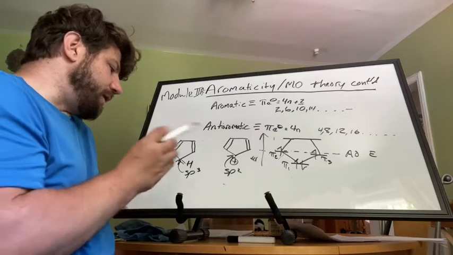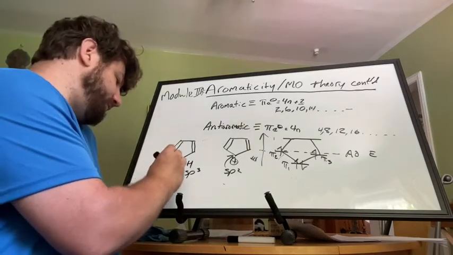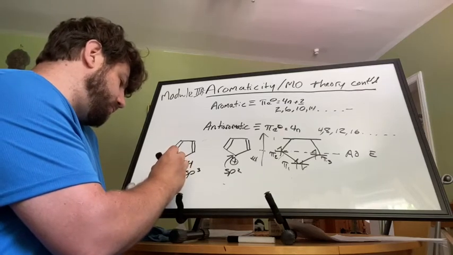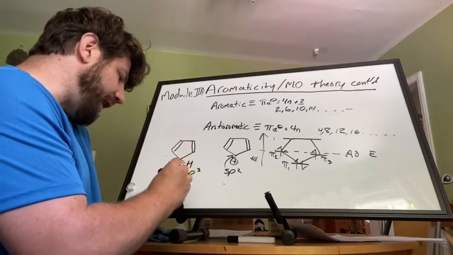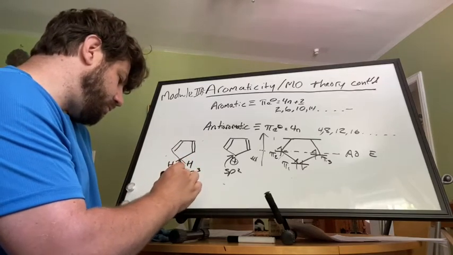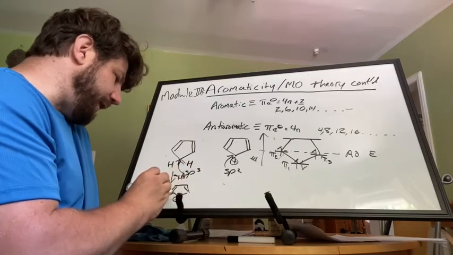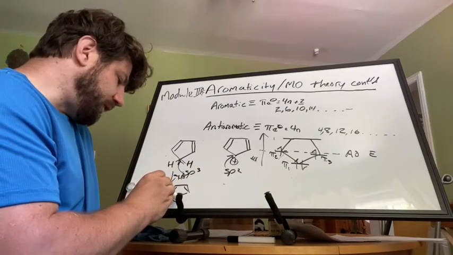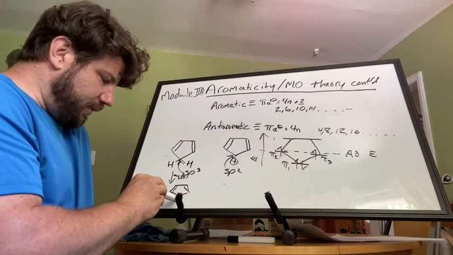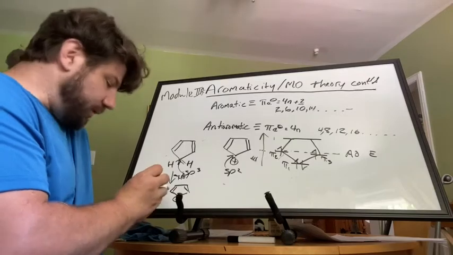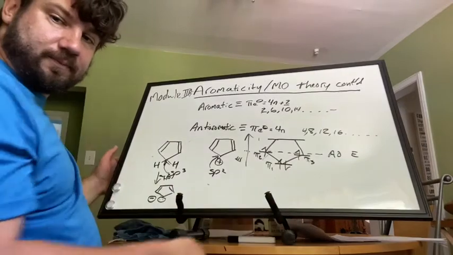Okay. Now, let's take the conjugate base of this. Right? So we lose H plus here. Okay, so now we have 1, 2, and then a lone pair. Okay, so now we have these two electrons. Sorry if you can't see that very well. Let me move this over.